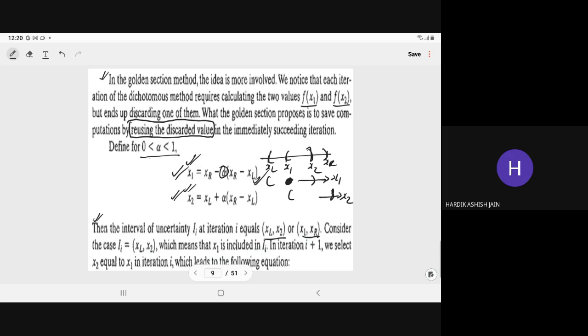In iteration i plus 1, we select x2 equal to x1 of iteration i. This means in the next step this point is always the x2, and we only have to compute the x1.